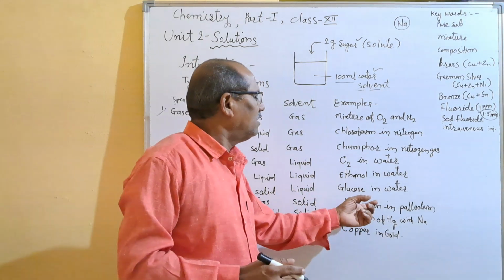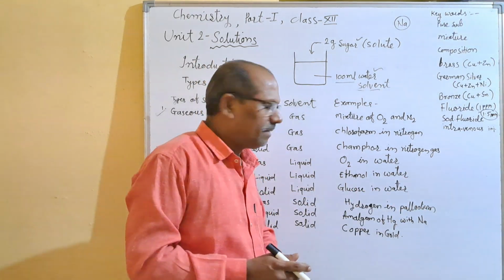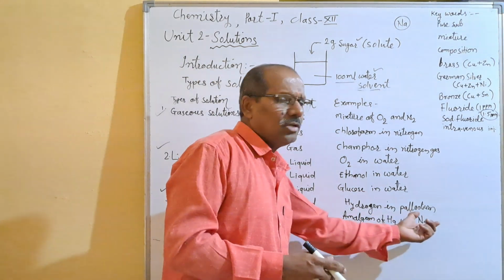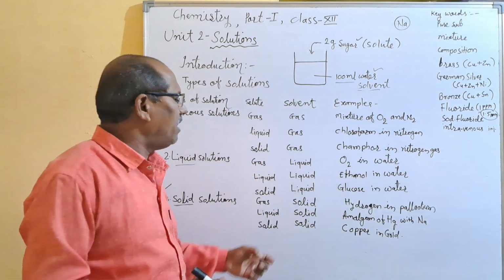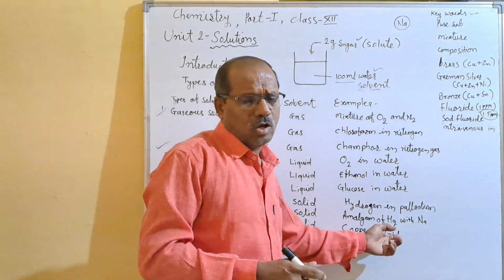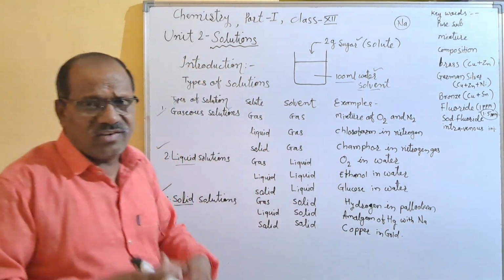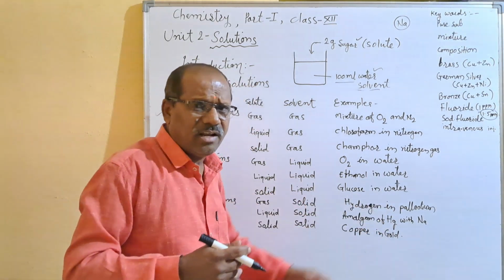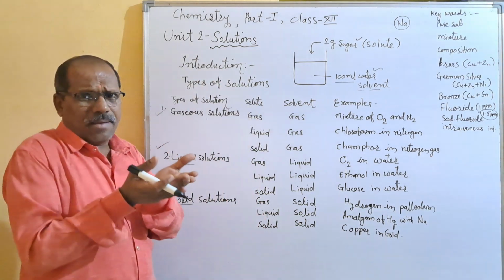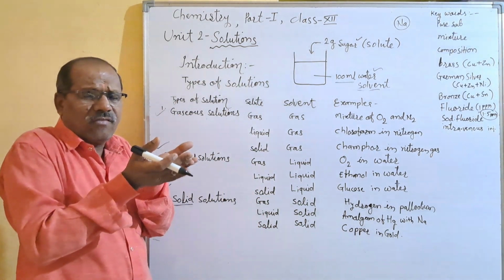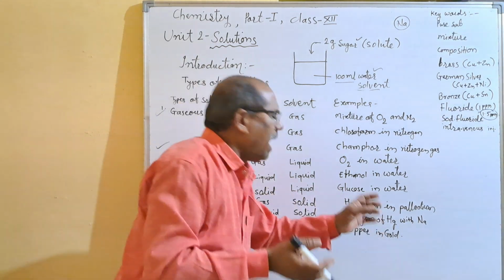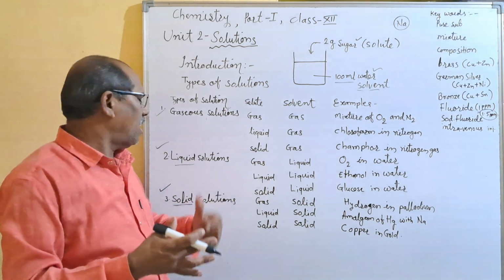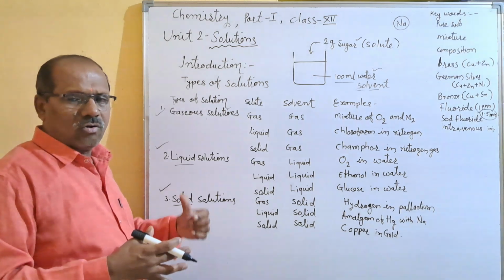Example: hydrogen gas is present in palladium. Liquid in solid: amalgam of Hg, that is mercury, with sodium metal. Then solid in solid: copper is dissolved in gold. Whenever we take copper in a lesser quantity and gold in a larger quantity and melt them beyond their melting points, after forming the molten mass they dissolve in each other completely and form a solid solution on cooling.